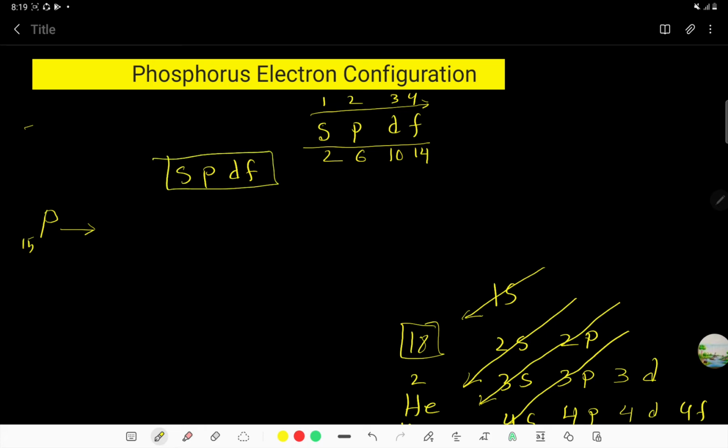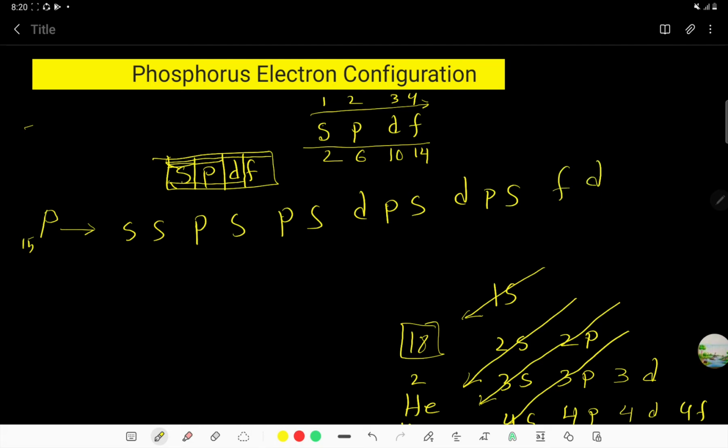So look, write S, then write PS, PS twice, then write DPS, DPS twice, right? And then write FDPS, FDPS.